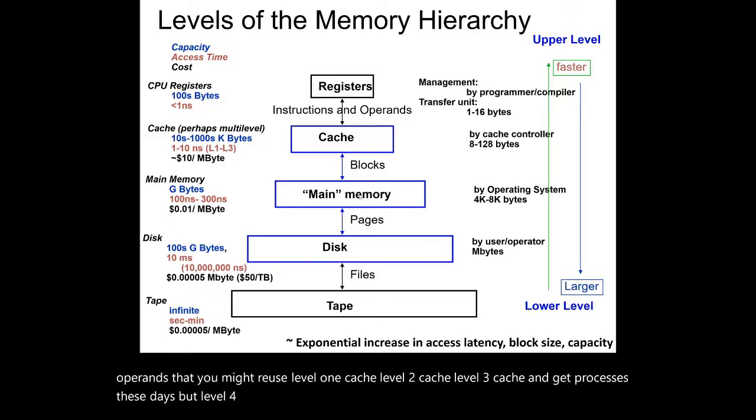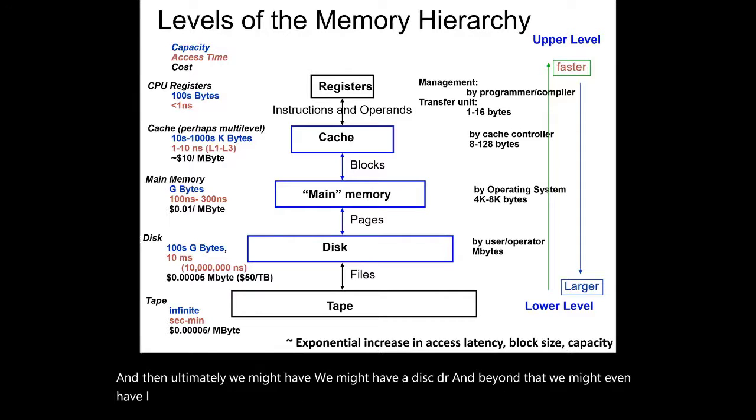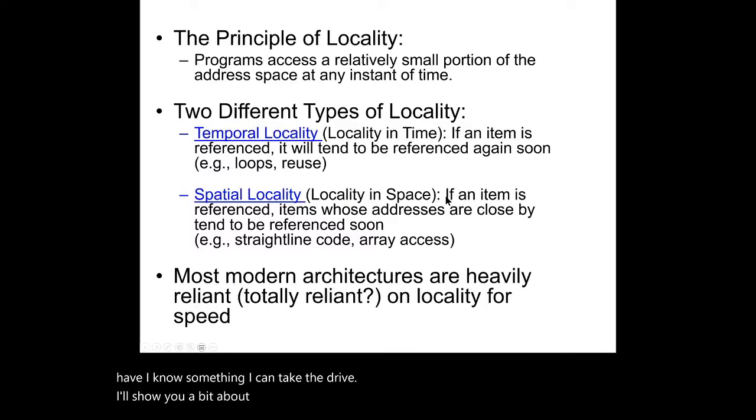Then we have our DRAM, our main memory. We might also have some kind of non-volatile memory in here. And then ultimately we might have a disk drive. And beyond that, we might even have something like a tape drive. I'll show you a bit about that later on. So what makes this trick work? Well, it's the principle of locality.